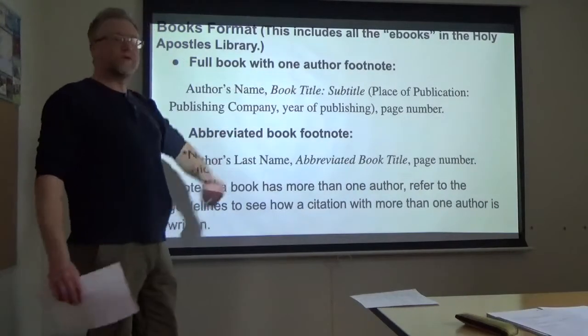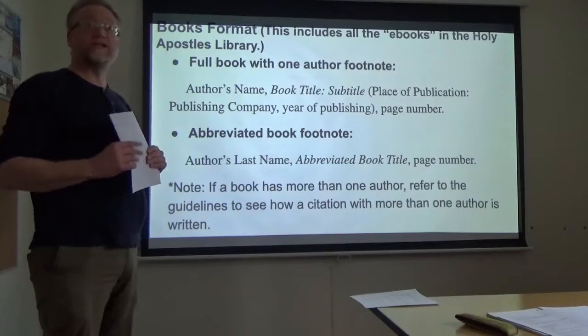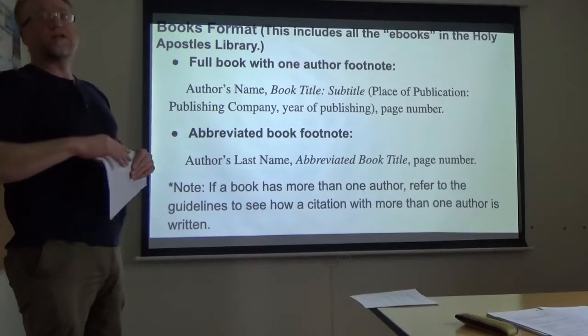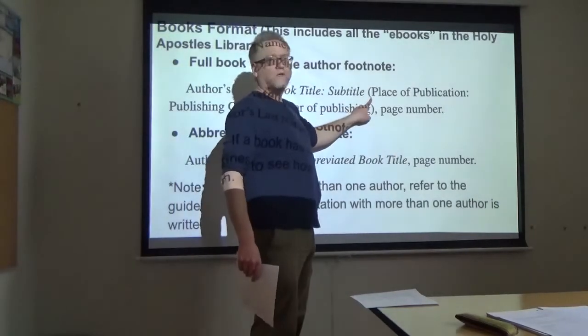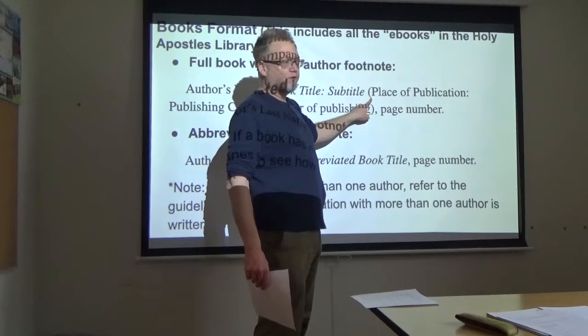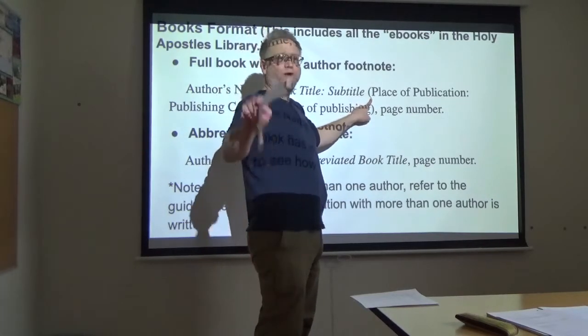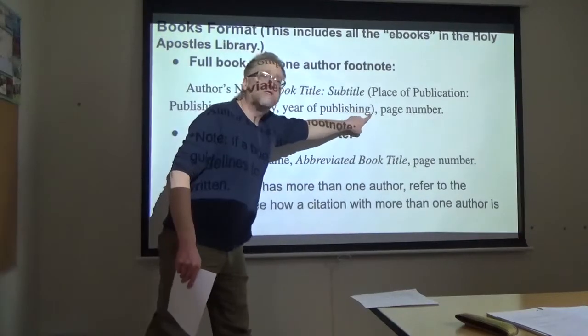So what is after the book title and subtitle in italics? What's next? Pages? No, comma. Come on. No. What is that, everyone? Place. Open parentheses. Because you have open and closed, okay?